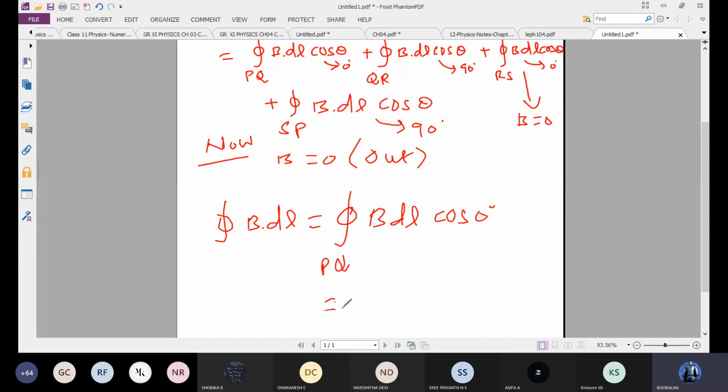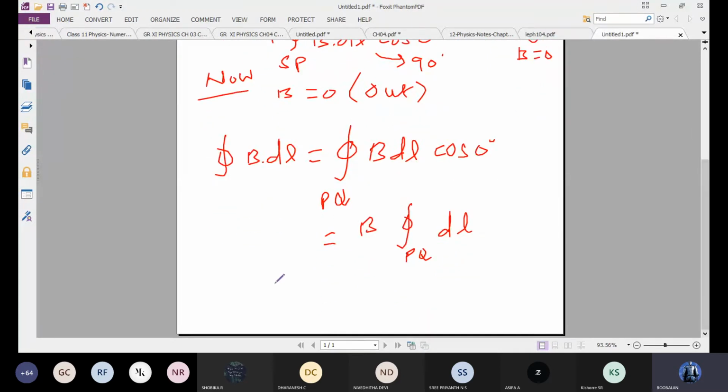The value of dl is A. So you will get B A. This is equation number 1. Okay. Up to that, please copy.